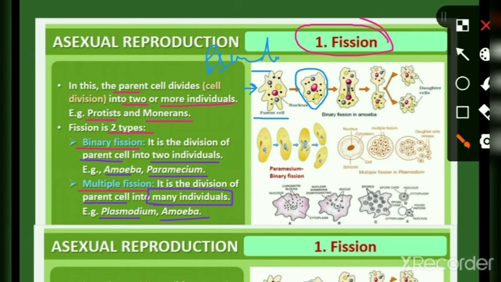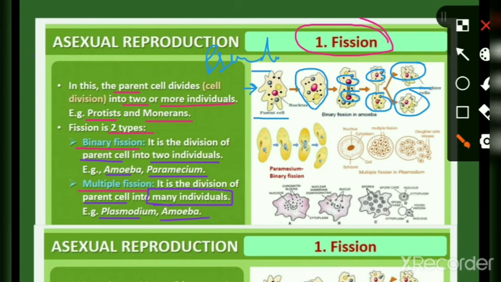After that, the nucleus is divided into two nuclei, and then the cytoplasm is also divided into two, and lastly one cell divides into two cells. This is the process of binary fission in amoeba.